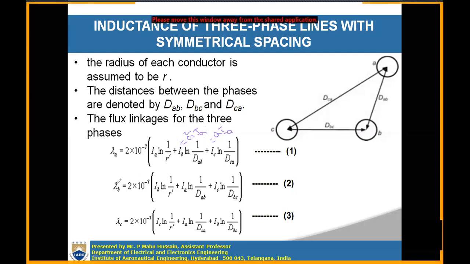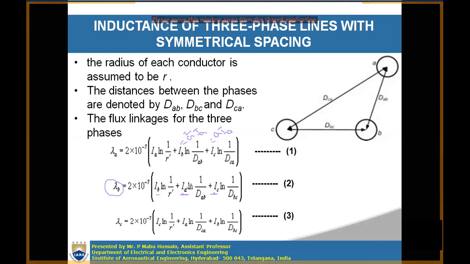Similarly, for calculating the flux linkages of conductor B, you have to write the IA, IB, IC expressions again. IB is equal to a square into IA.